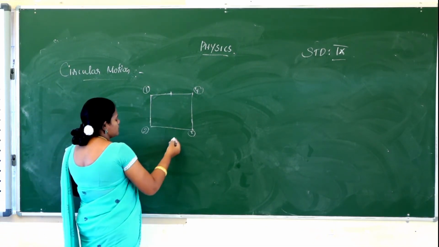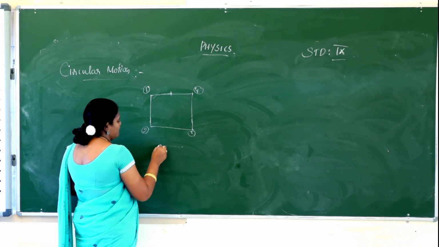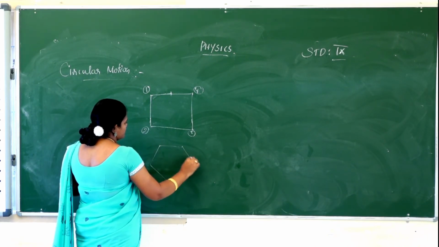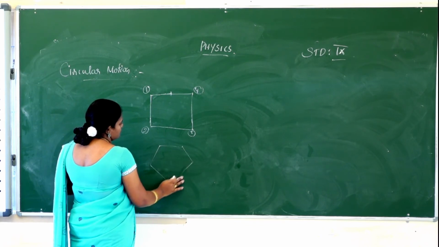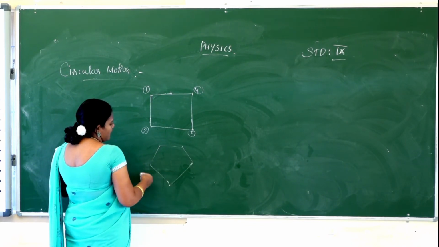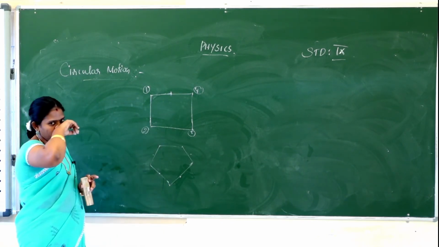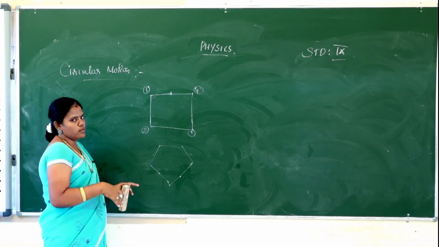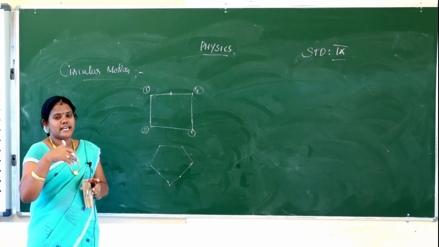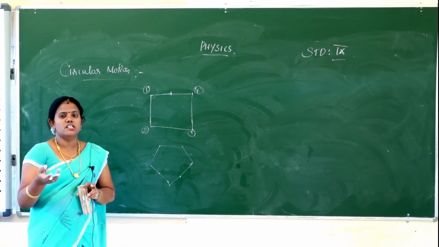Suppose you take a pentagon. It has 5 sides: 1, 2, 3, 4, 5. So the object changes its direction 5 times. A hexagon has 6 sides, so the object changes direction 6 times.